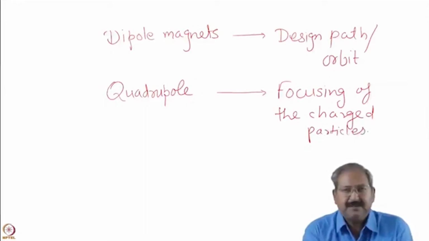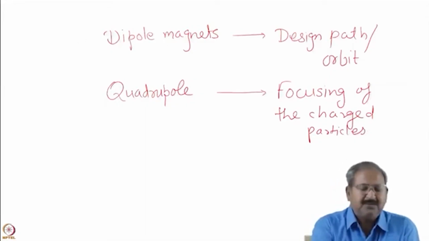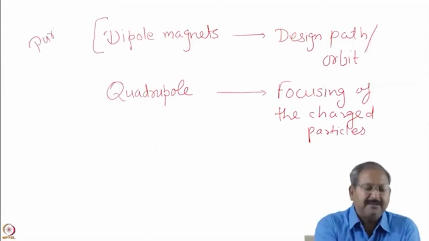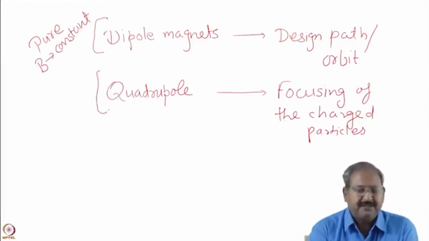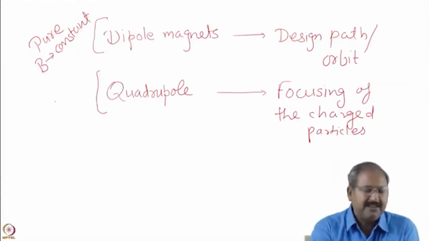Each of these magnets, if we assume a pure dipole magnet, means B constant, and a quadrupole magnet has only the gradient part in the magnetic field, means it has G, which is del By by del x.